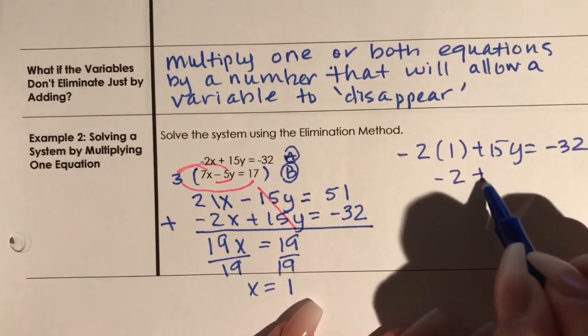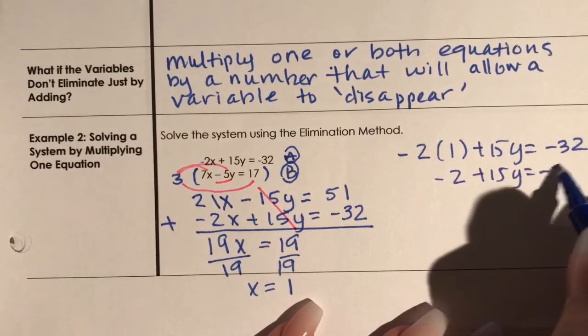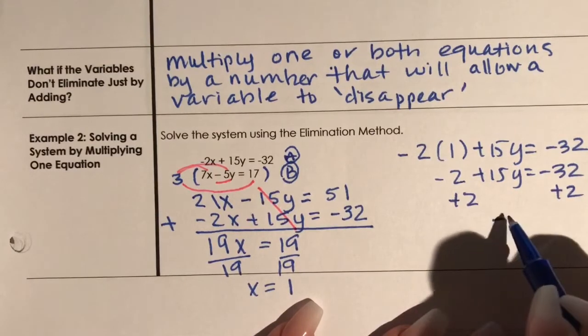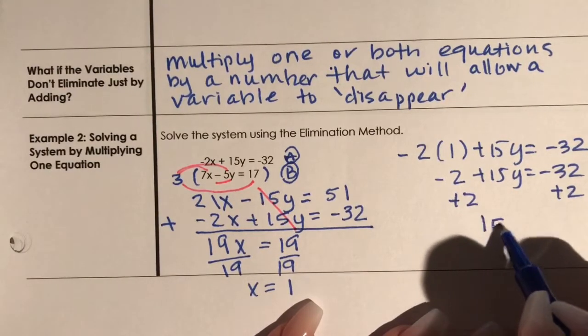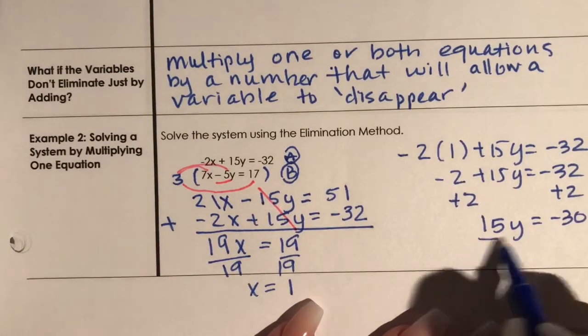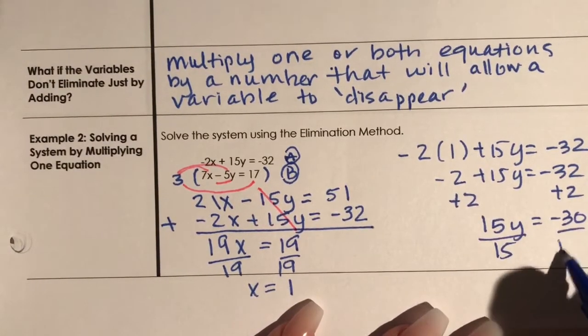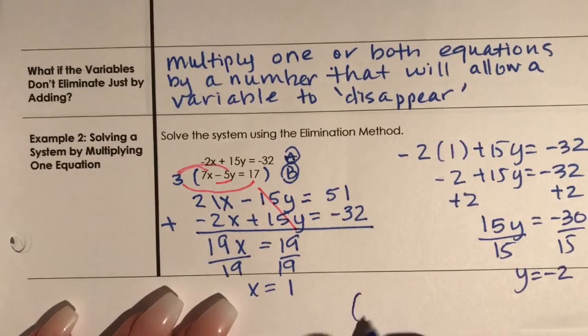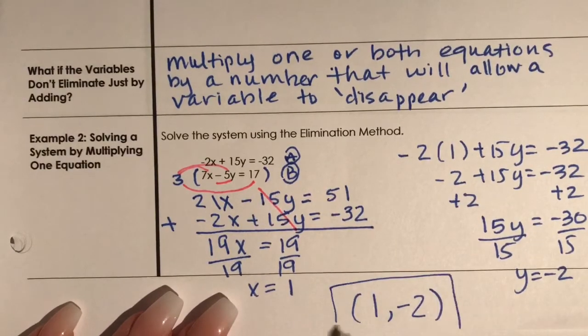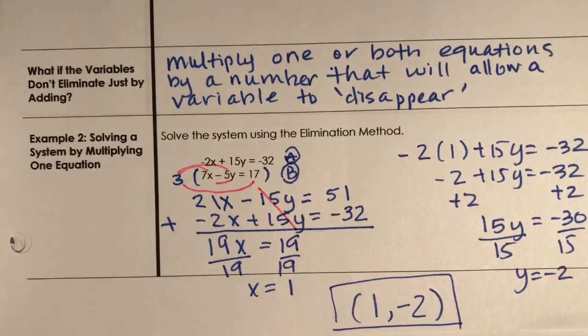Negative 2 plus 15y equals negative 32. Add 2 to both sides. 15y equals negative 30. Divide both sides by 15. Y equals negative 2. My solution is (1, negative 2). That is the point of intersection when graphed.